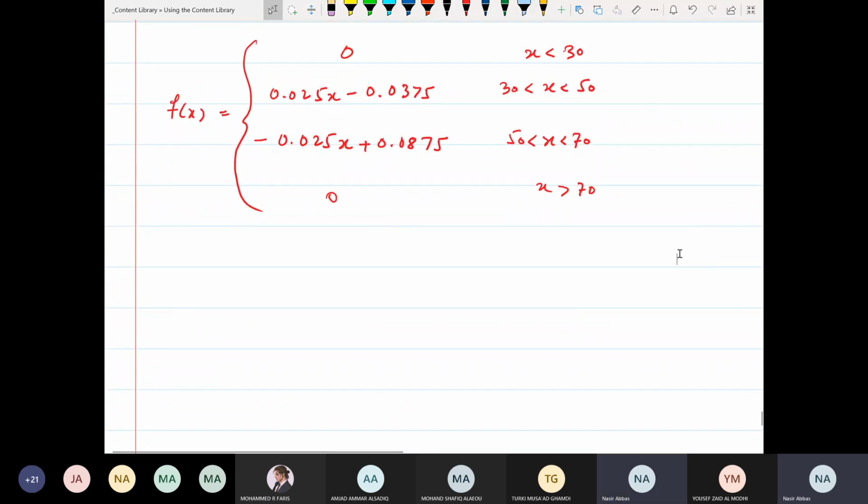So your capital F of x, because there is no density below 30, will be 0. Between 30 and 50, it will be 0.025 x square over 2 minus 0.0375 times x.